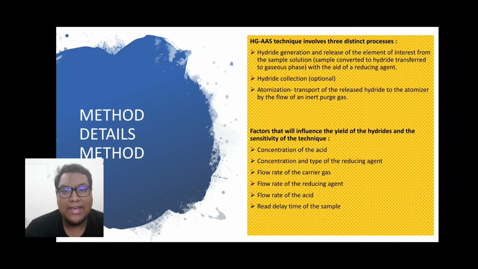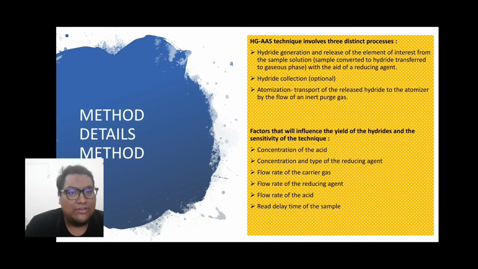HGAAS techniques actually involve three distinct processes. The first one releases the element of interest from the sample solution, converting it to a hydride in the gaseous phase with the aid of a reducing agent.